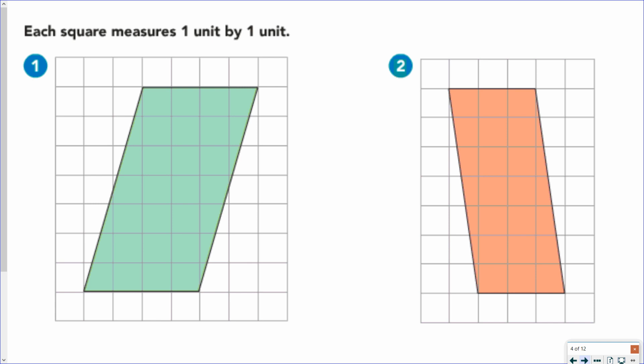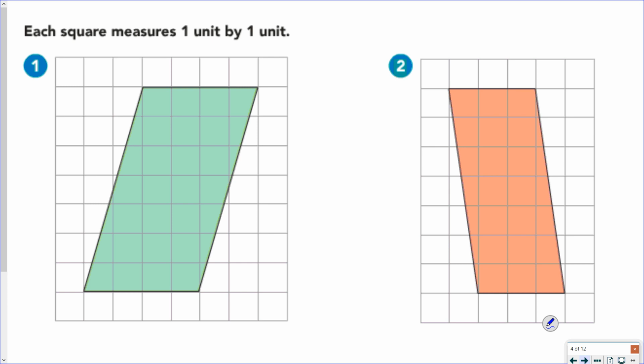So we want to find the area of these parallelograms, and we know that each square measures 1 unit by 1 unit. So just like when we were finding the area of triangles, we want to identify a base and a height. So generally it's best to use the bottom part as your base, or one that has that straight edge to it.